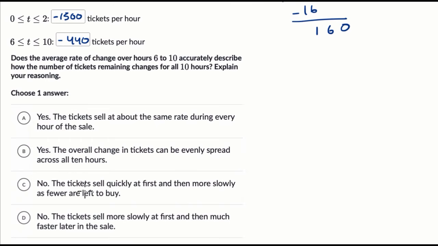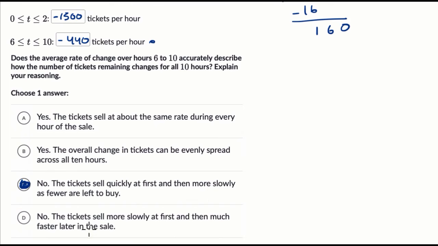Well, before I even look at the choices, it's clear that this isn't indicative for all 10 hours. Just in that last 6 to 10 hours, our rate of sales has slowed down. We're reducing the remaining tickets by 440 tickets per hour, while at the beginning, it was selling much faster. So it's not indicative. So let's see, the tickets sell quickly at first and then more slowly as fewer are left to buy. That looks right.